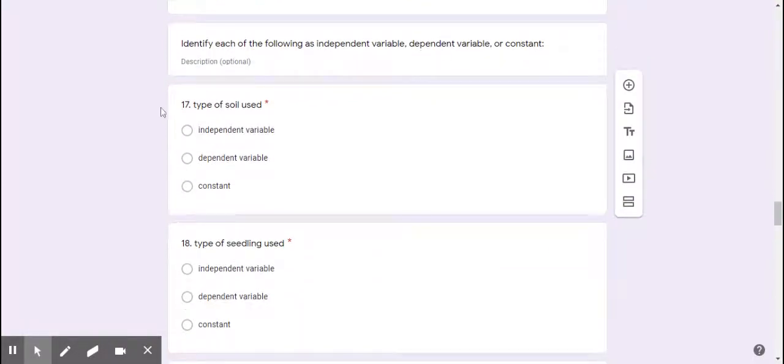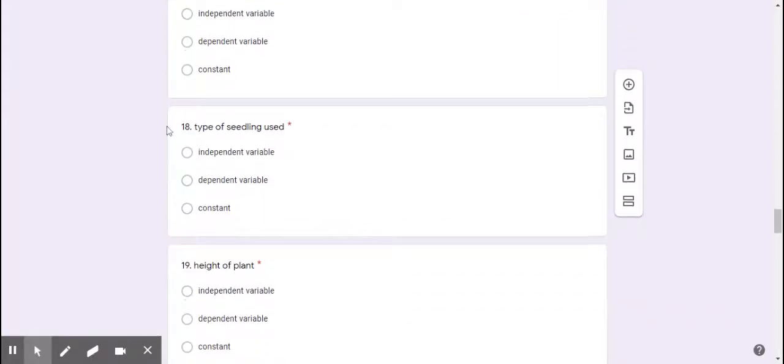Number 17. What type of soil was used? Was that the independent variable, dependent variable, or the constant? Number 18. The type of seedling used. Is that the independent variable, dependent variable, or the constant?